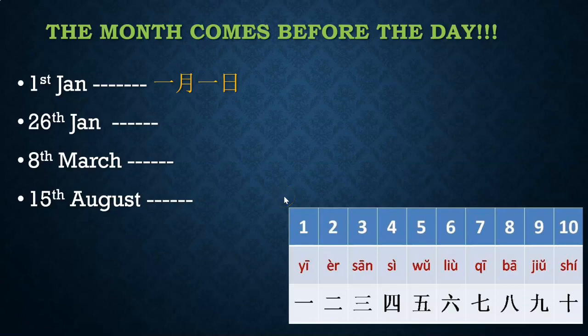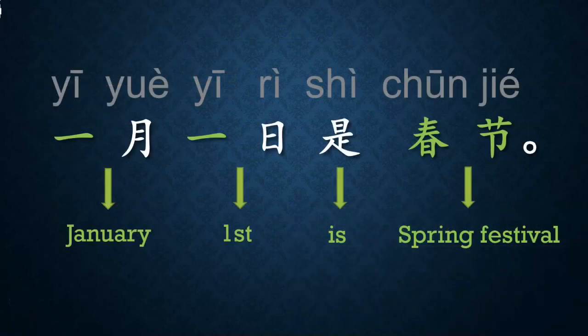Okay? Great. Excellent. So now, if we come back to this sentence here, you will know the meaning of each part of the sentence. 1月, which is January. 1日, which means the first. 是 is 春节, Spring Festival. January the 1st is the Spring Festival.